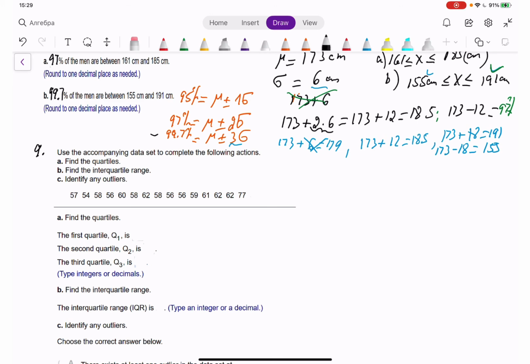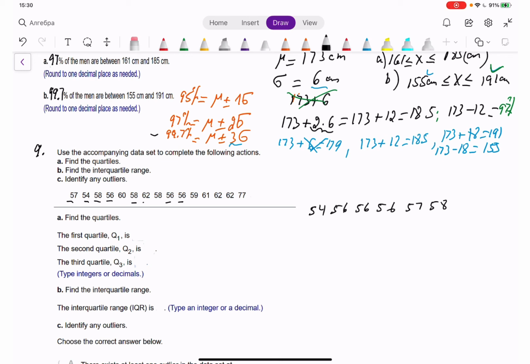So the smallest number here looks like it's going to be 54. Next is 56. How many are there? 1, 2, 3. Next, after 56, 57. Do we have 57? Only 1, 57. Next, 58, we have 1 and 2.